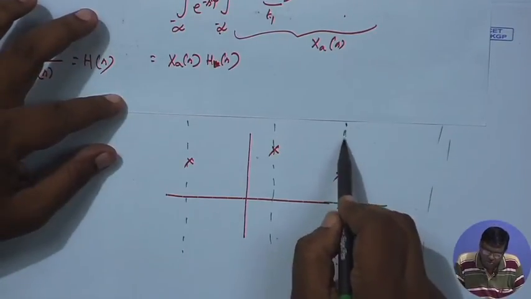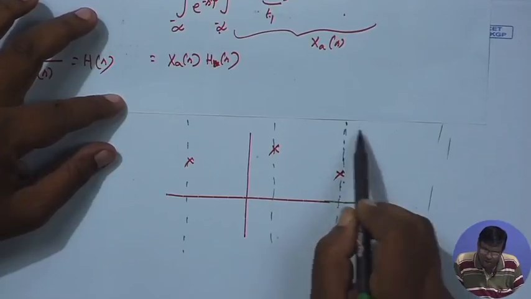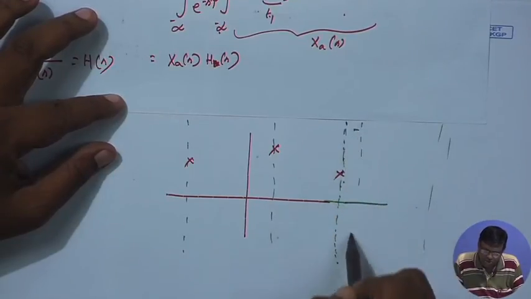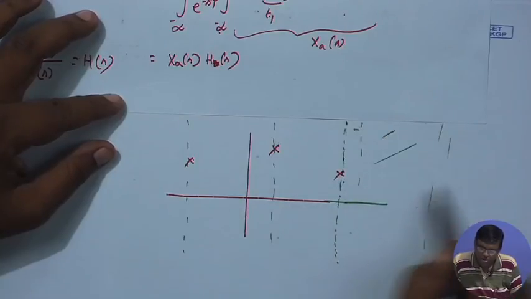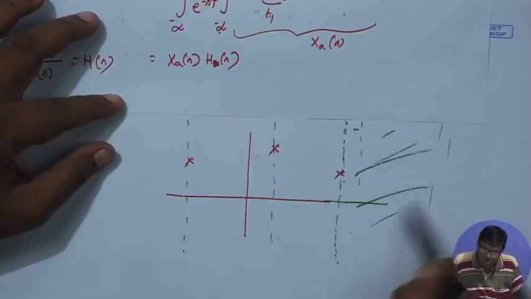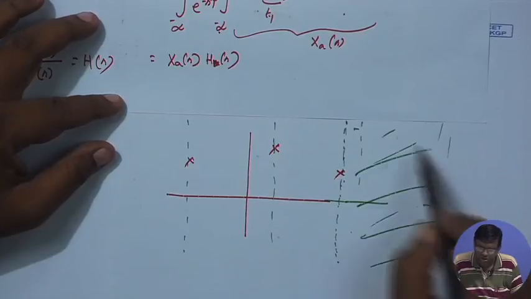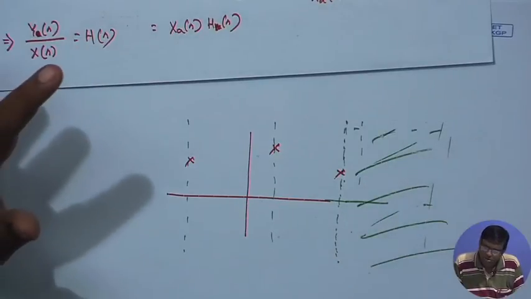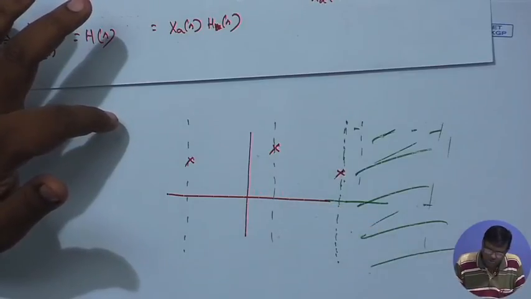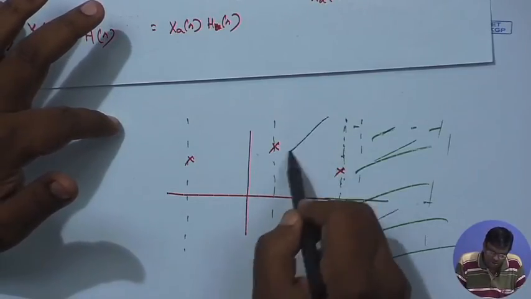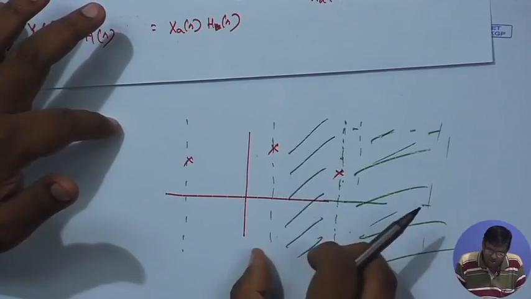So, suppose I start from this line just to the right of the line, and if I consider any strip or go further, widen the strip, go on up to infinity. Since there is no pole, this entire region up to infinity can be one ROC. Or then I consider the zone between these two lines, this is one strip.